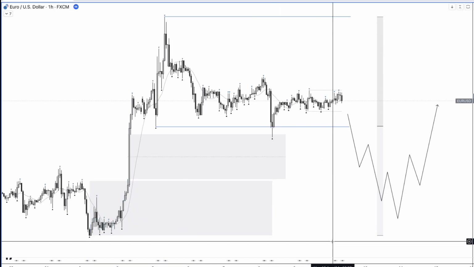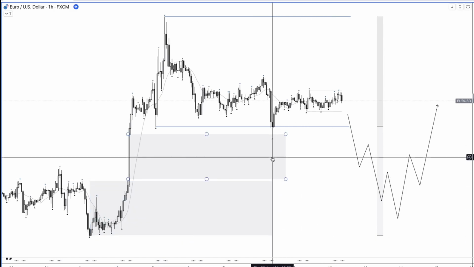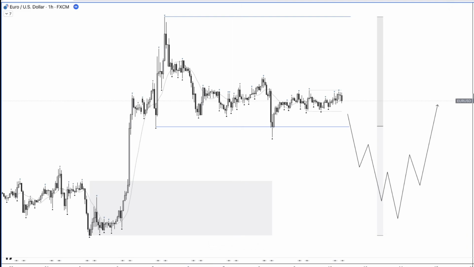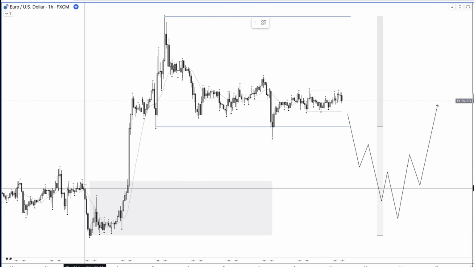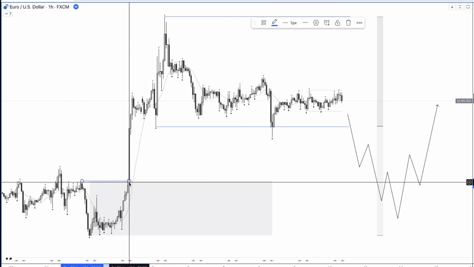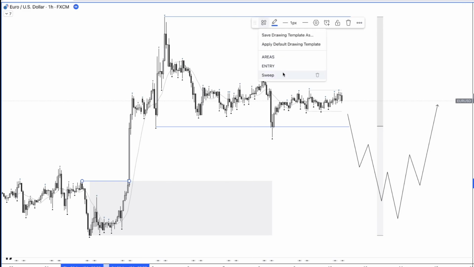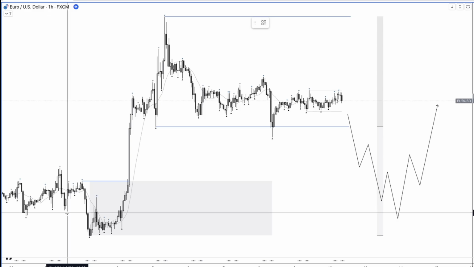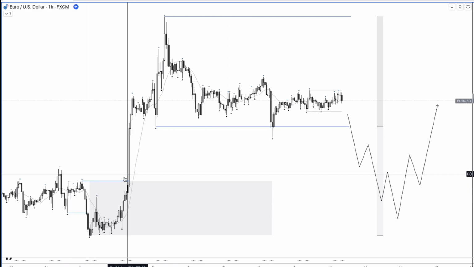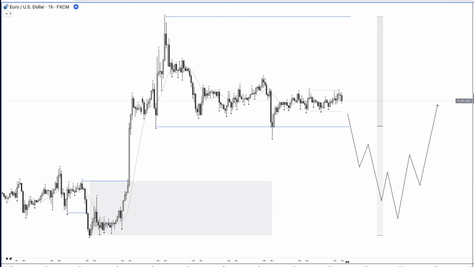Why am I interested in this? It's quite simple, a really simple theory if you want to think about it, pretty much based on the concept of supply and demand. I only look to take trades out of areas where I can see some sort of imbalance.